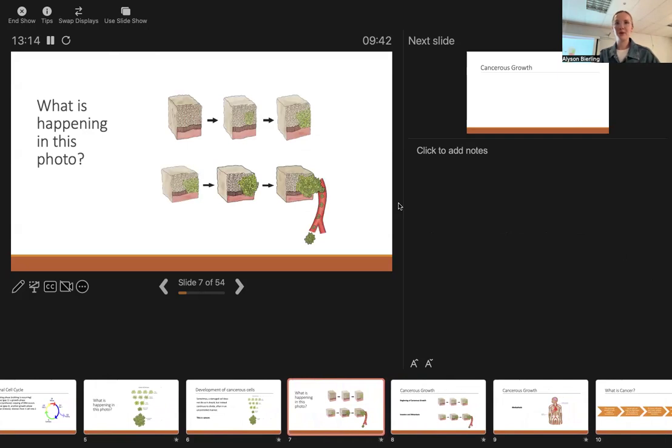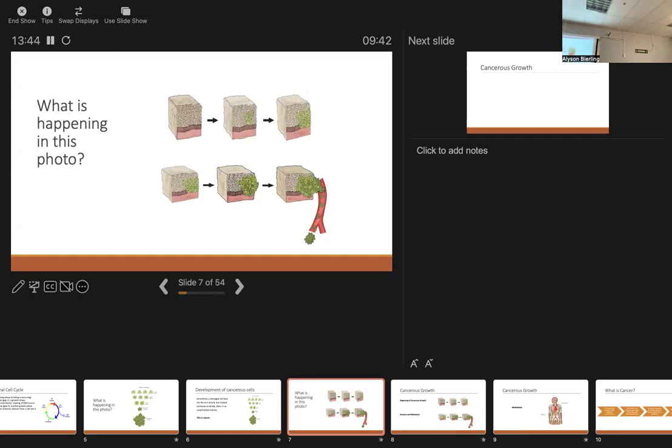Okay, so now we understand the process of the development of cancer cells, and now we're going to move on to a new concept that's shown in these photos here. So again, I want you to turn to your neighbor and think about what might be happening in these photos.